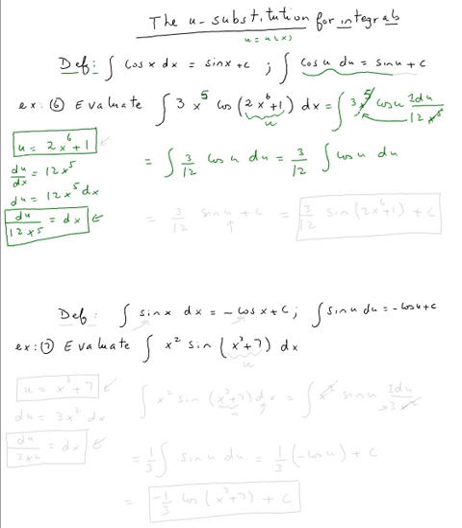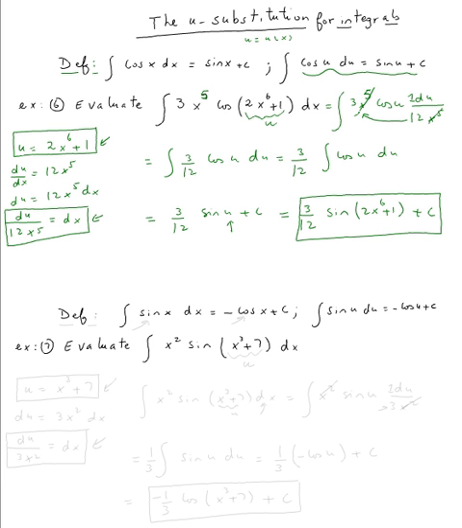Now I'm going to use my definition right here, so this is equal to 3 over 12, integral of cosine of u du is sine of u, so sine of u plus constant, and the last step, replace u by its value. This is equal to 3 over 12 sine of u, which happens to be 2x^6 plus 1, plus C, and we're done. This is our integral.